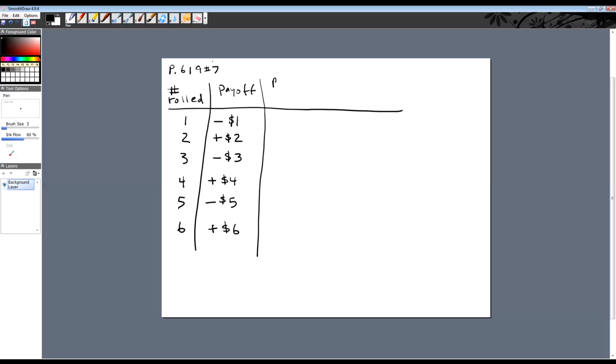So what's the probability that this would occur? The probability that you would roll any of these numbers is 1 over 6. It's the same probability for each one. We talked about rolling of a single die and the probability thereof before.